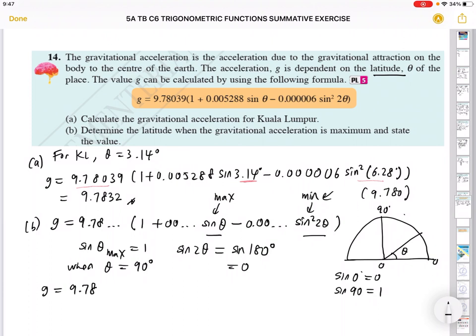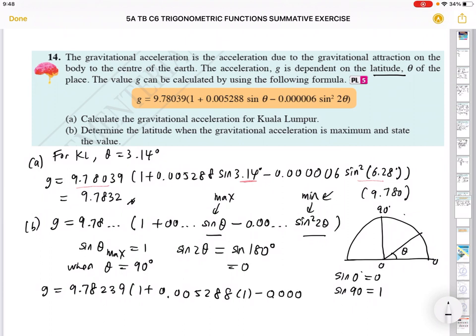So this is 1. Then minus the last part is going to be 0. Okay, don't believe me, 0.00006. Okay, I need to erase this. I don't have enough space. So 0006, and this is now 0. Okay, and this will give us 9.832.